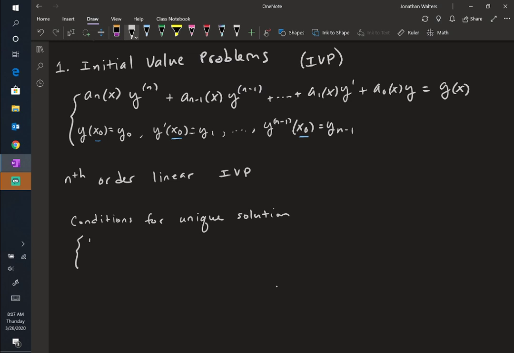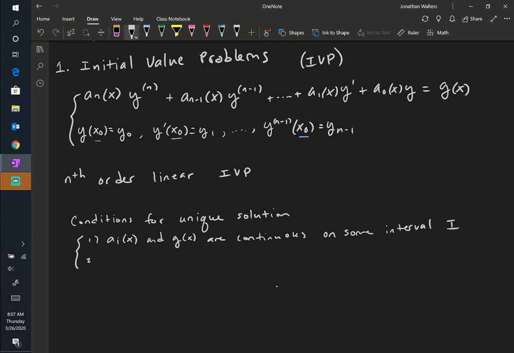The first one is that the coefficients ai of x and the right-hand side g of x need to be continuous on some interval, capital I. We need all these functions, the coefficients and the right-hand side of the differential equation, to be continuous on some interval I.